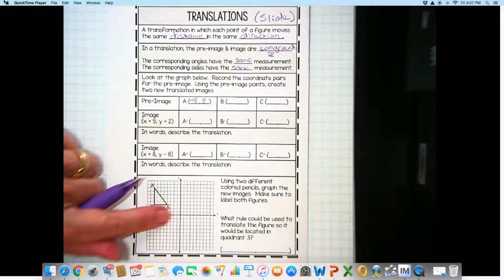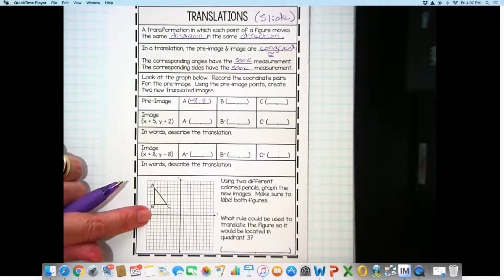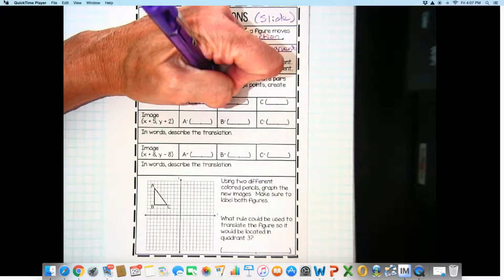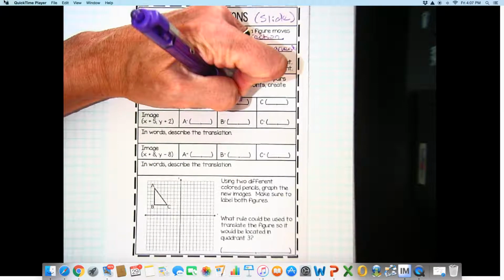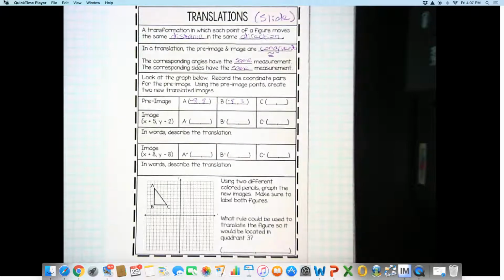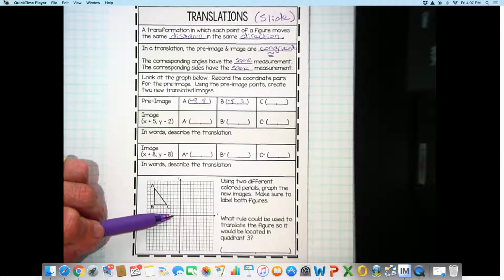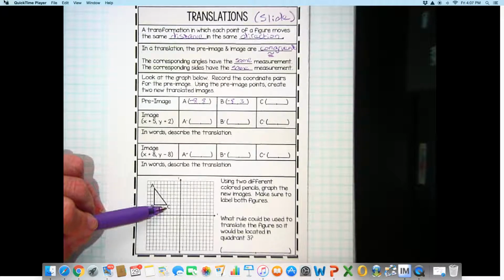B, we go over the same amount to get to B, but now we only have to go up 1, 2, 3. So B is going to be negative 8, 3. Okay. And C, how do we get to C? What's the ordered pair for it? Well, we have to go left 1, 2, 3, 4, and we have to go up 1, 2, 3.